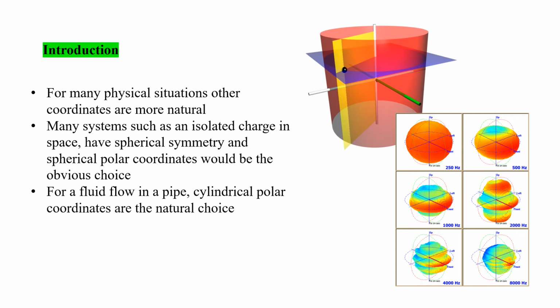The physical laws governing the behavior of systems are often expressed in terms of the vector operators we have been discussing, and so it is necessary to be able to express these operators in these other non-Cartesian coordinates. We first consider the two most common non-Cartesian coordinates, the cylindrical and the spherical polars.